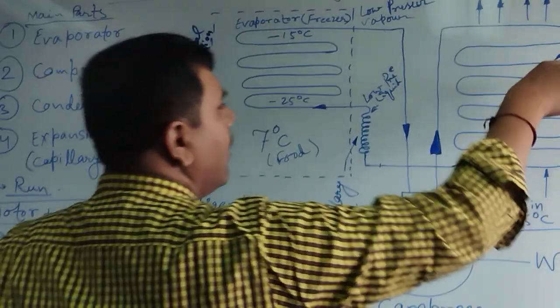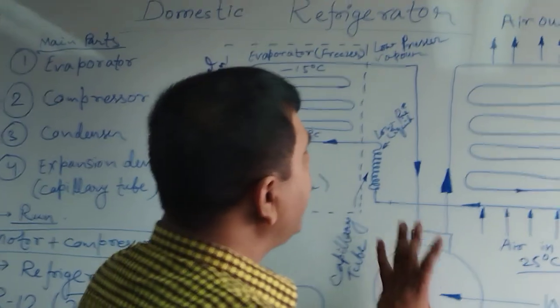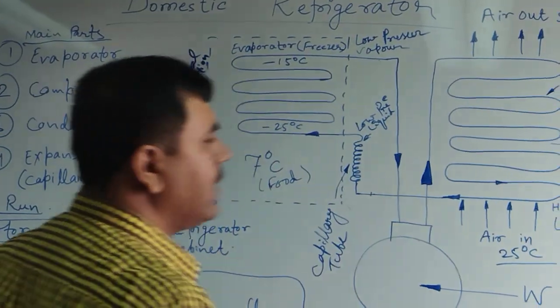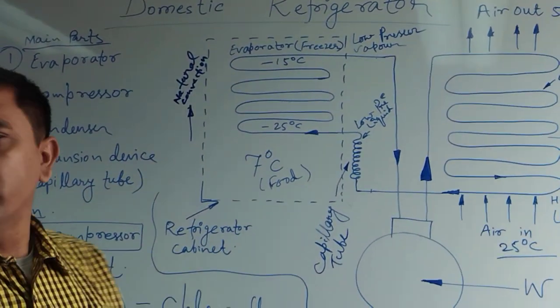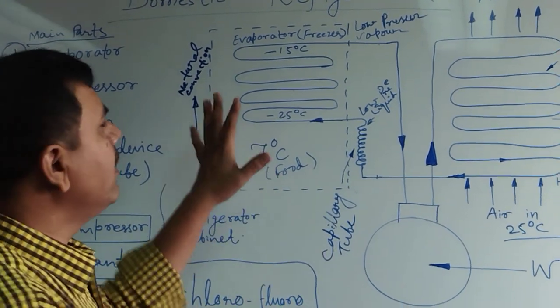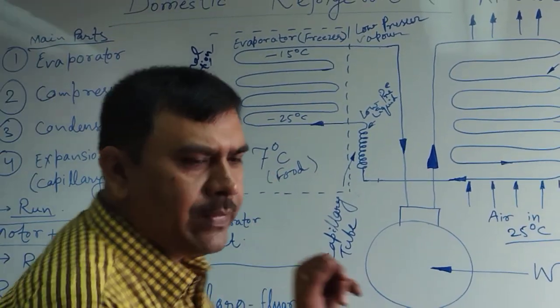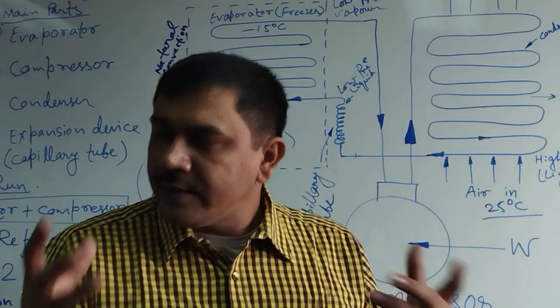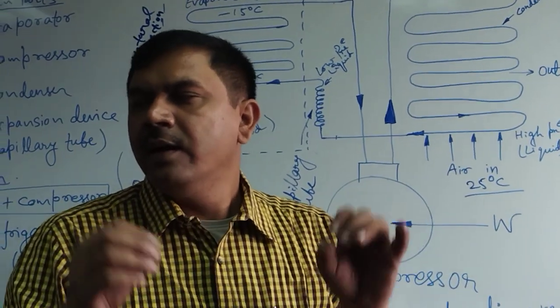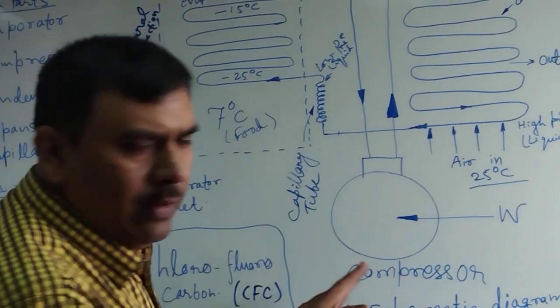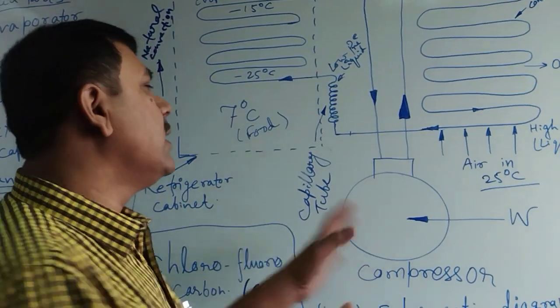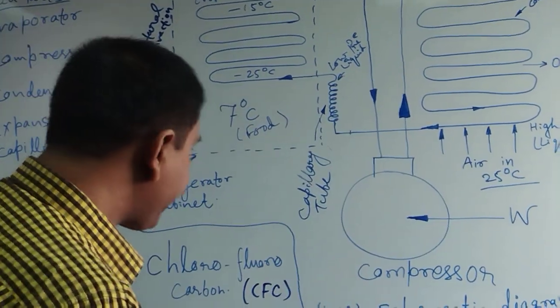After the compressor it goes to the condenser, and the full circuit runs continuously as required. When compression is required, the compressor is on, and when not required, the compressor is off.